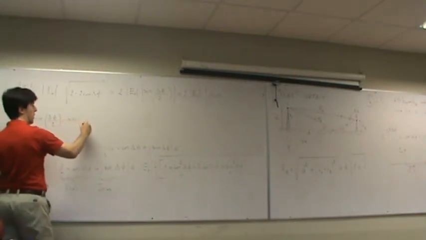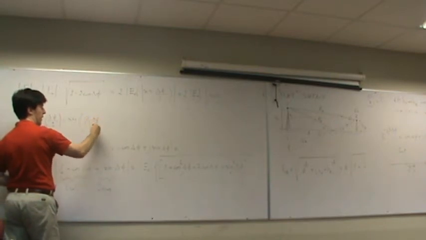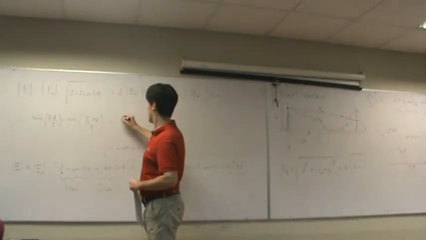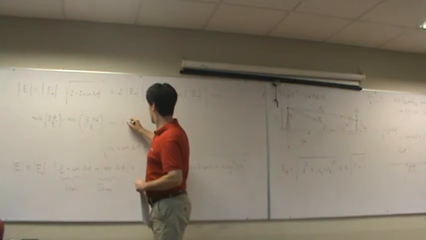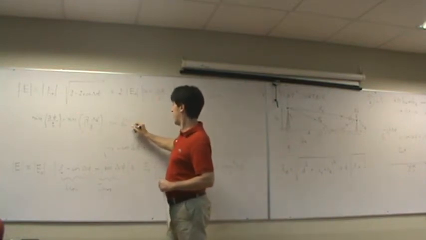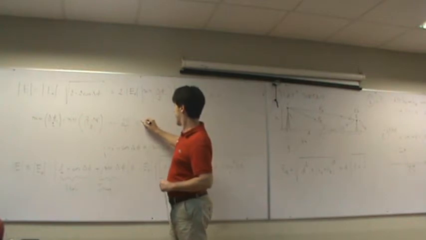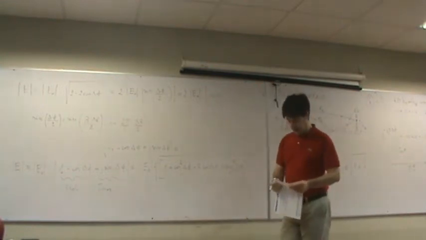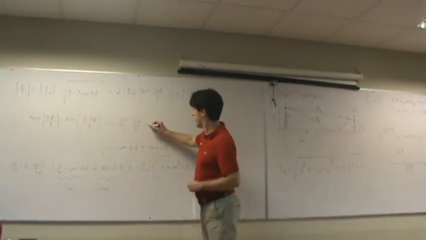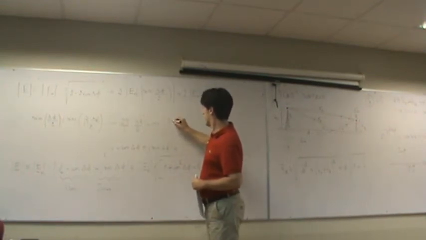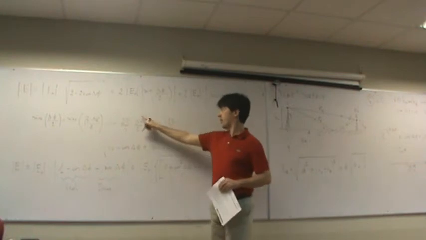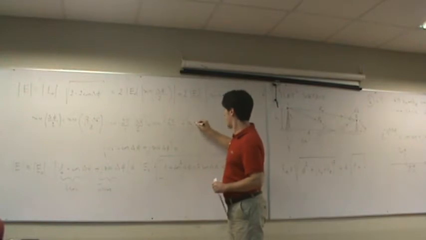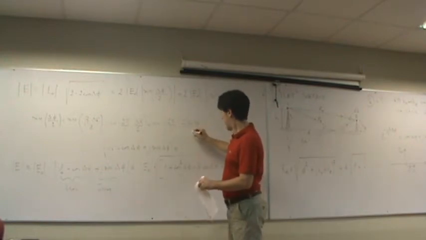Now, delta phi was 2 pi delta r divided by lambda, and this difference, this delta r, was 2 ht hr divided by d.